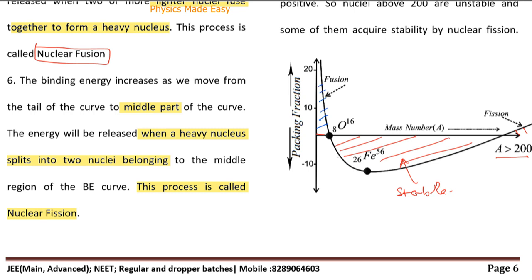They are lighter nuclei. From binding energy curve we have also concluded that lighter nuclei fuse together. So in this part of the curve fusion takes place. Fusion of lighter nuclei.